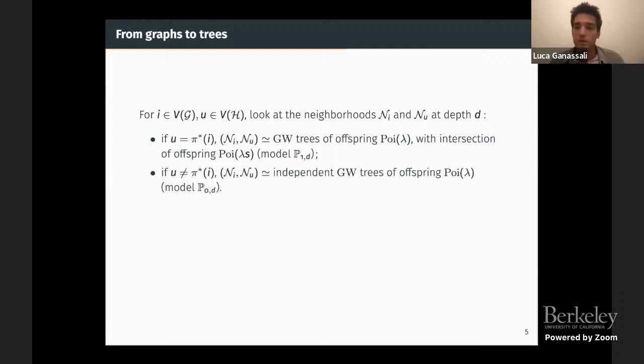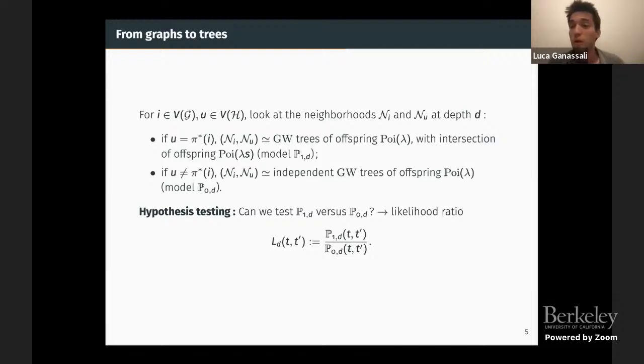Otherwise, as a first approximation, if we take two nodes far apart, the two neighborhoods will be simply independent trees, right? So this is the typical hypothesis testing. We have the same marginals, but under the null model, they are just independent. Under model 1, they are correlated. So the goal is to test P1 versus P0.